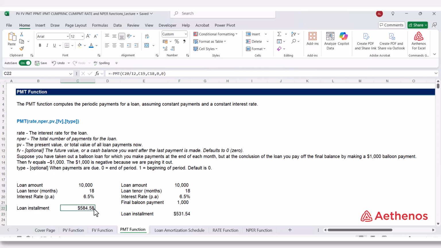So it has reduced from this amount because we have a final balloon payment of 1,000 as well. So it's reducing from the capital, so we have less interest we have to pay. So we got a monthly installment of 531, which is lower than the 584 because of the balloon payment.